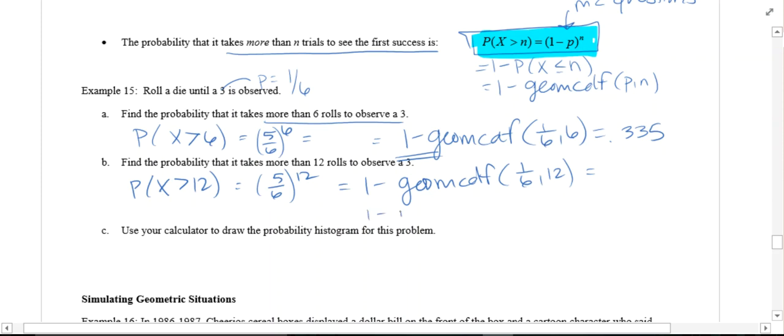Okay, so this is 1 minus the probability x is less than or equal to 12. So either do 5/6 to the 12th or calculate it using geometric, but go ahead and do that. Okay, so you should get 0.112.